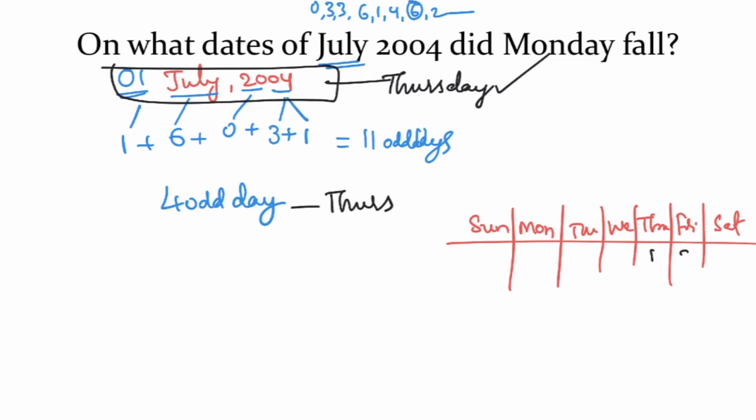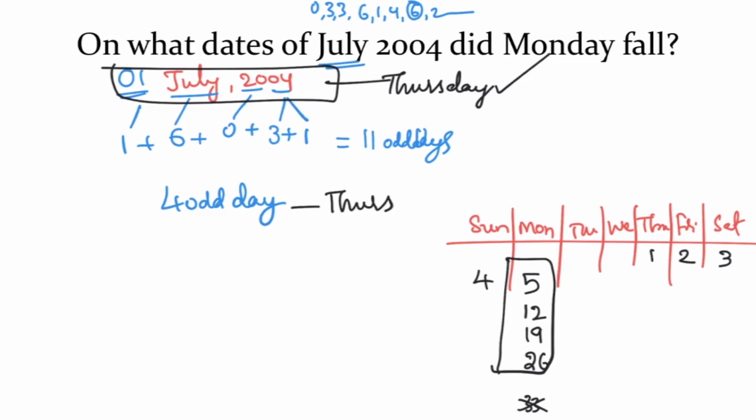Thursday 1st, Friday 2nd, Saturday 3rd, Sunday 4th, Monday 5th. 5 plus 7, 12, 12 plus 7, 19, 19 plus 7, 26, 26 plus 7, 33. There is no such possibility. So Monday falls on 5th, 12th, 19th, 26th.